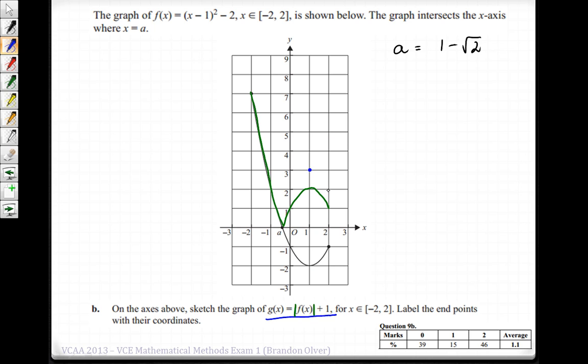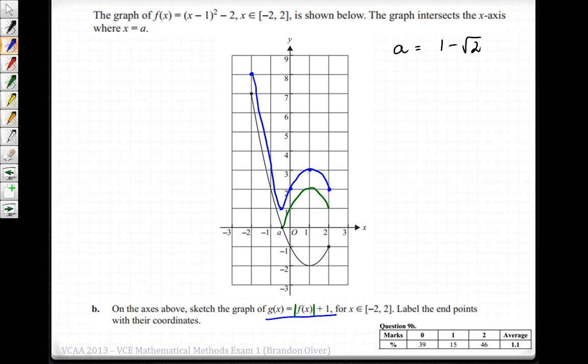So we're going to go through that point, through that point, and now through that point. That sharp point will become here, and that point will be up there. I'm going to remove the green graph now, and all we've got to do is join up these blue dots. So we go something like that, and then back up here.